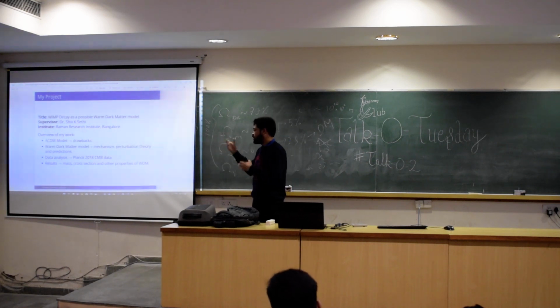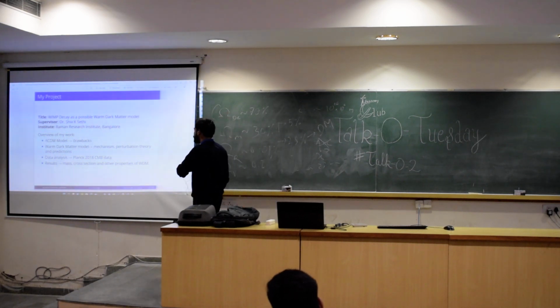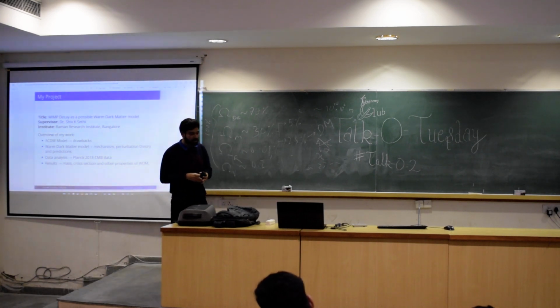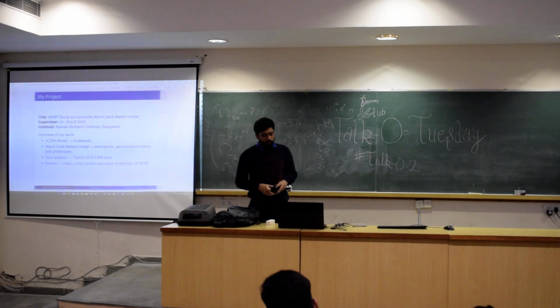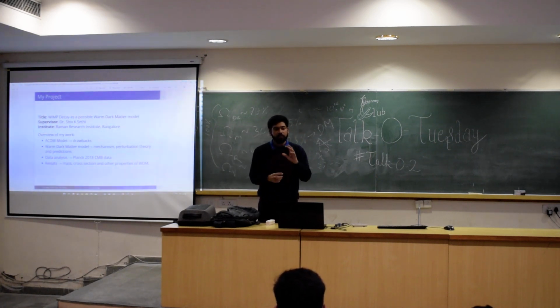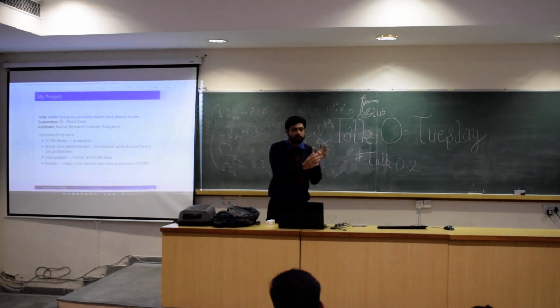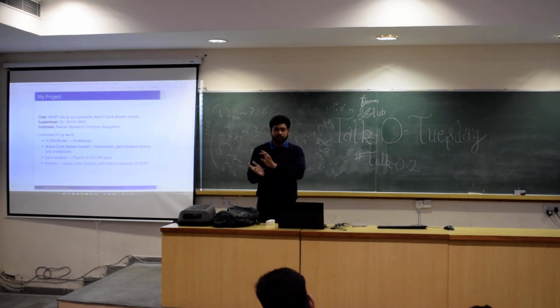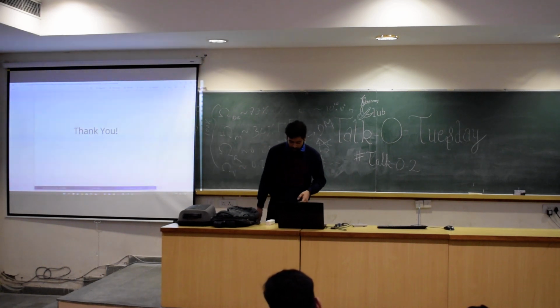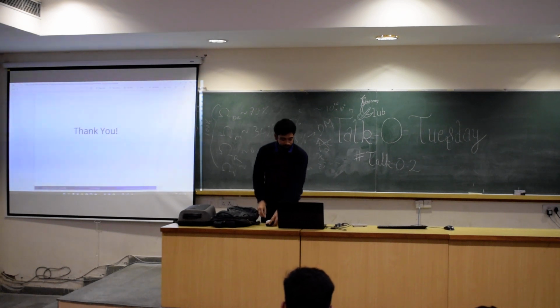From that data fitting, we were able to obtain the mass, transition and other properties of warm dark matter. So even though we do not know what this warm dark matter particle actually is, we know what its mass could be, what its interaction cross section could be, and a few other properties as well. So this is all. I would like to thank you for taking the time.